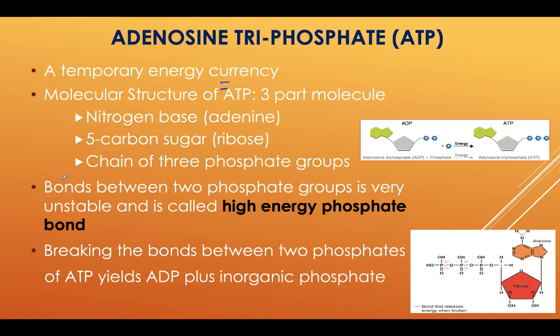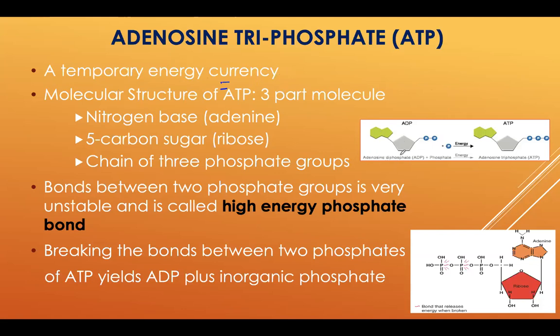Money is to exchange for something, like you pay money and the shop owner gives you clothes or shoes. Inside the cell, to buy something, the cell needs to spend ATP. It's like our money, our currency. That's why it's called the energy currency of the cell.